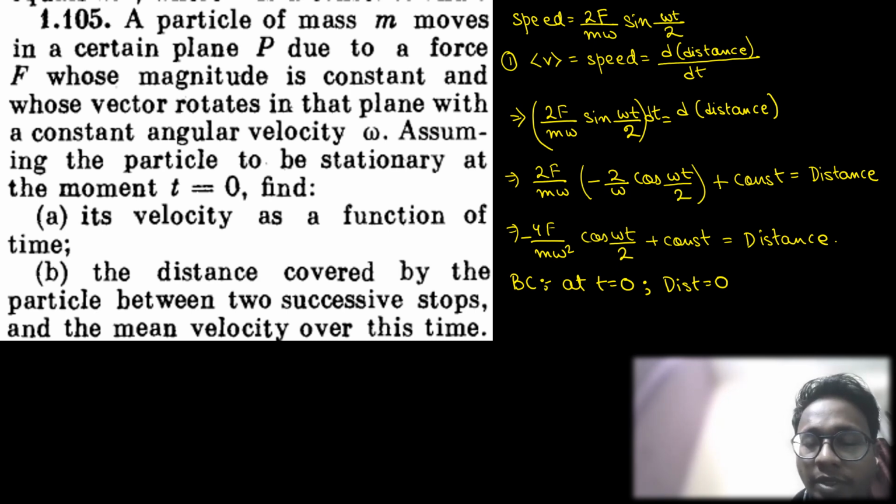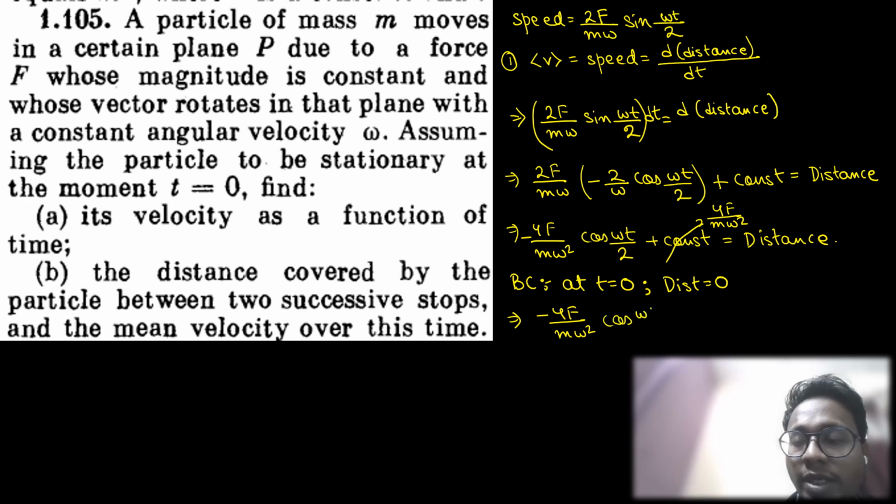So if you put this boundary condition in this equation, the value of the constant will come out as 4f by m omega square. So here, distance is equal to minus 4f by m omega square cos omega t by 2 plus 4f by m omega square.